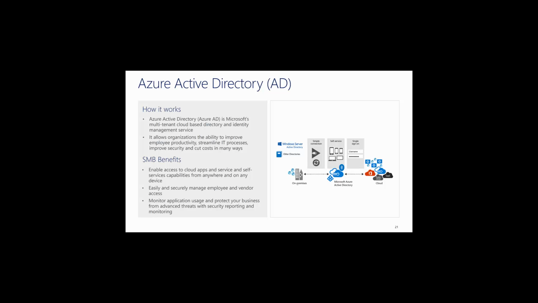The Azure application portal for AD has roughly 2,500, probably up another 100 or so since the last time I looked. So 2,500 pre-integrated software as a service application options. If you think about your online accounting apps, online banking, etc., the chances are you'll find that they've already been pre-integrated into Azure AD, ready for you to plug into.